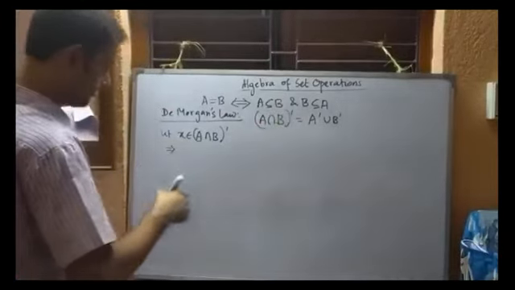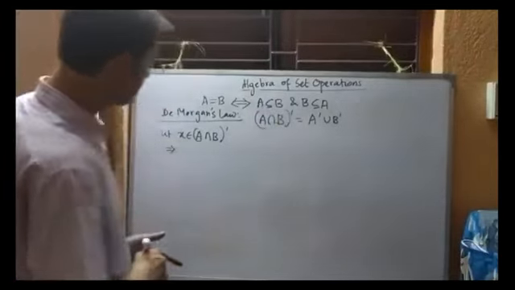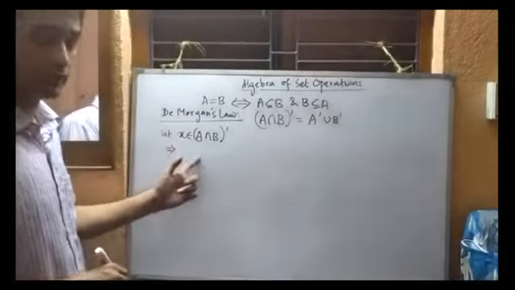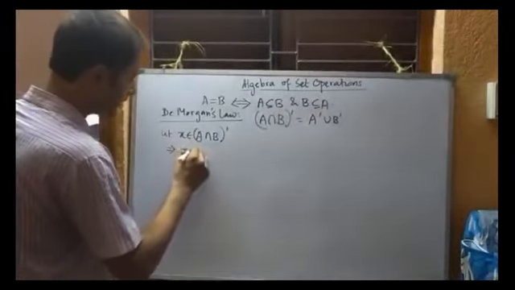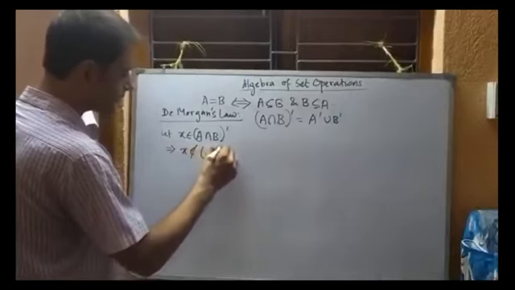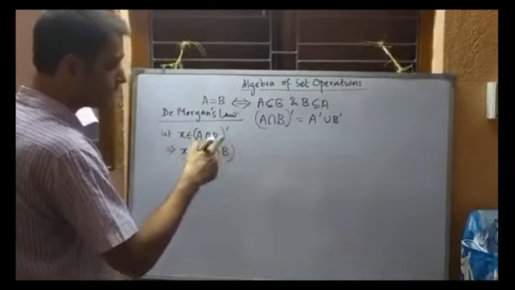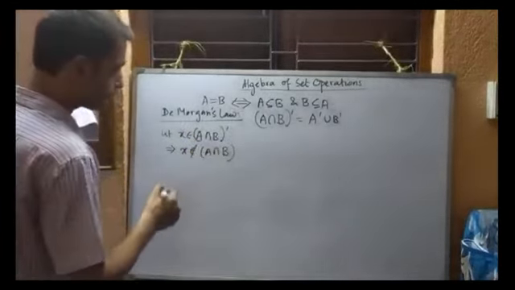So let us see from here. x belongs to the complement of A intersection B. So we can say that x is not in the set A intersection B, because if it is in the complement, then it is not in the original set.